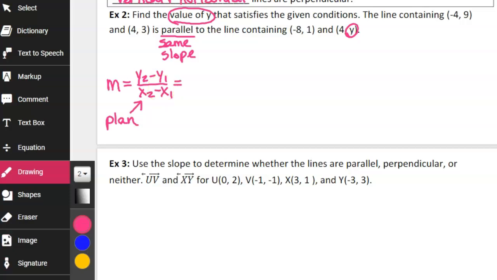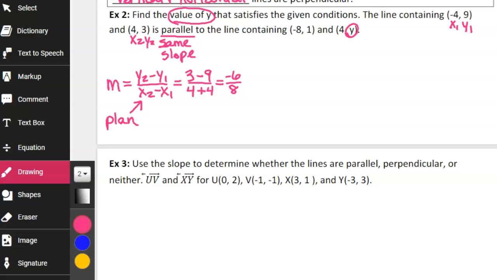And in my first set of points, I have x1, y1, x2, y2. So 3 minus 9 over 4 minus -4. 3 minus 9 is -6. 4 plus 4 is 8. And if I simplified it, I would get -3 over 4.